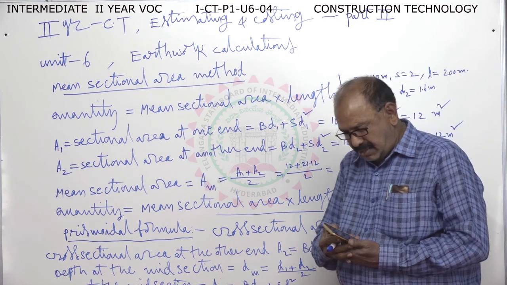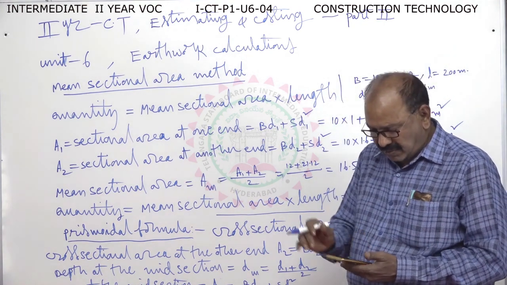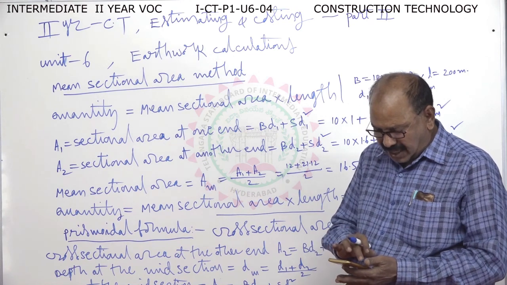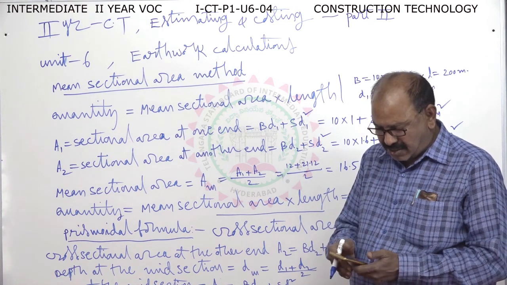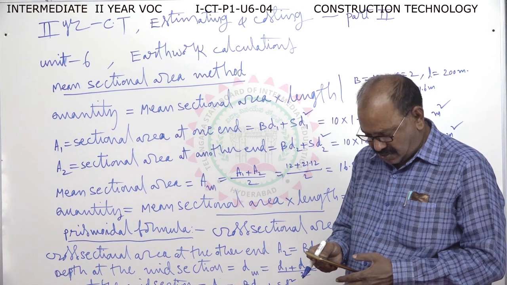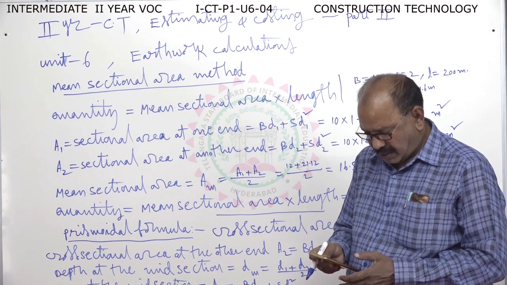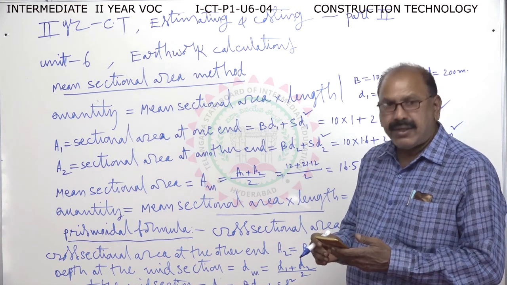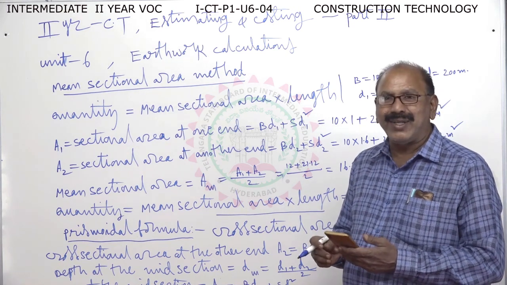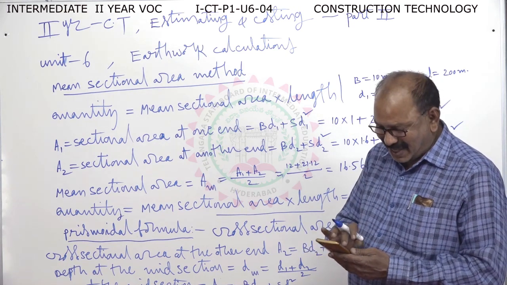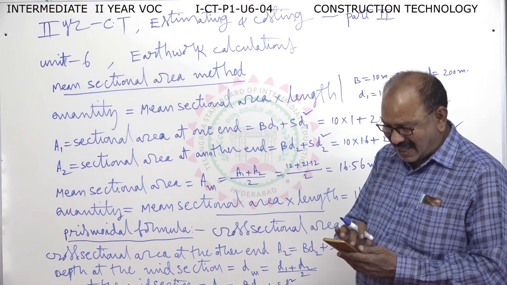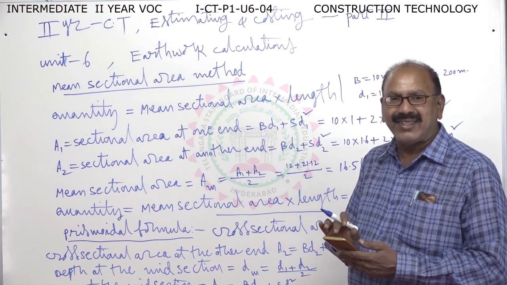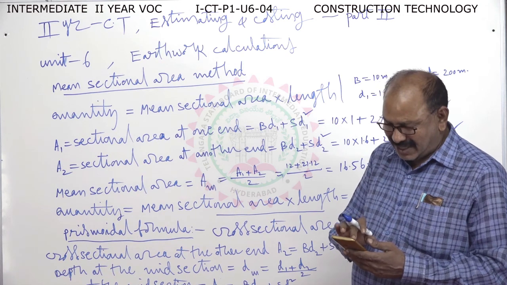Now with the help of a scientific calculator, students, please calculate this value and check it. Sorry, today I forgot to bring a scientific calculator. With the help of a cell phone calculator, today I am solving. Next class onwards, I will bring a scientific calculator.